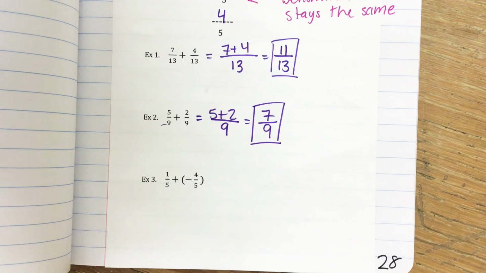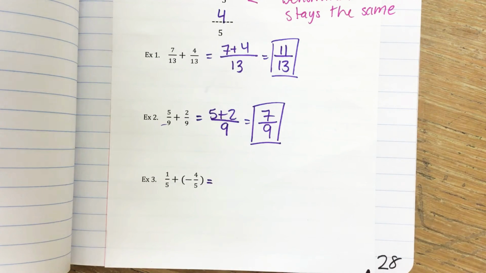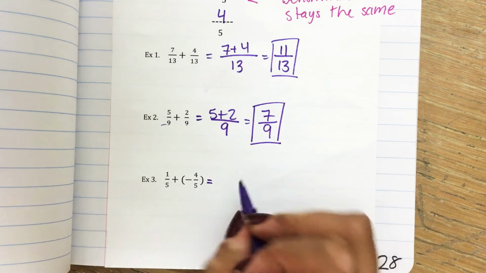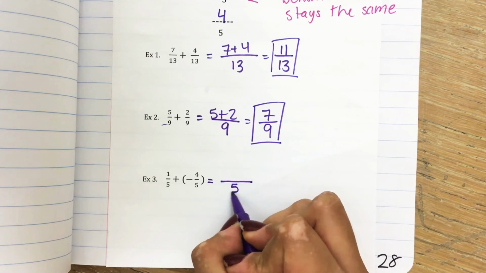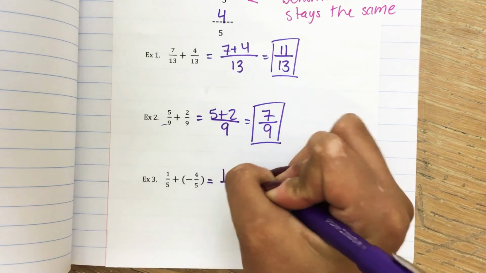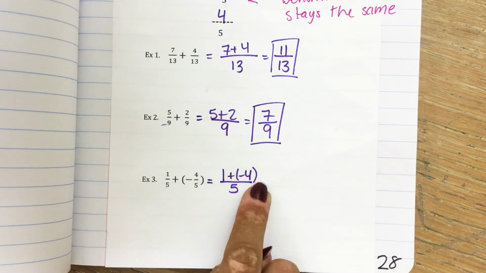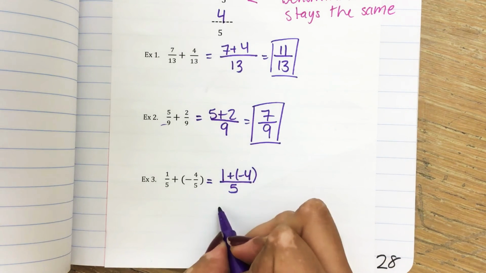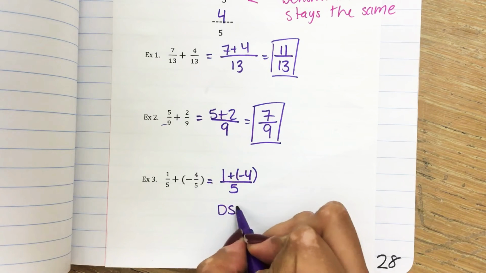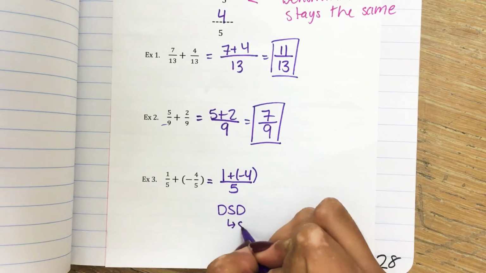We're going to look at example number 3. We have a negative there, so we're going to have to use one of the rules that we have learned. The denominator is the same, so that stays as a 5. We have 1 plus negative 4. There are different signs here, so I'm going to use DSD, and when I use DSD, that means I need to subtract.